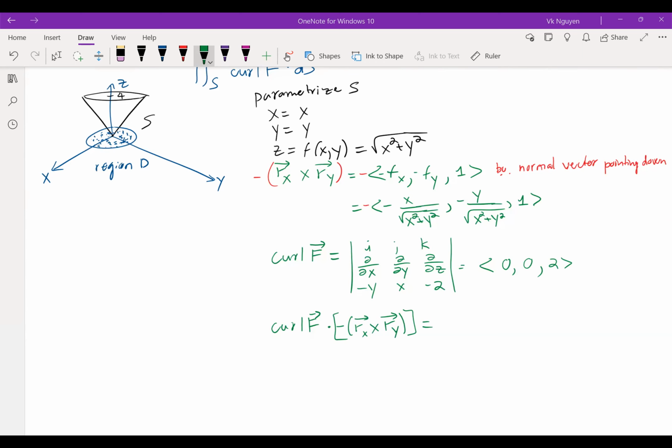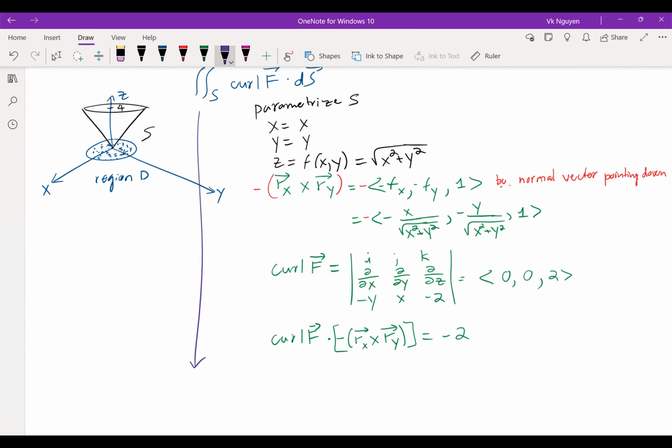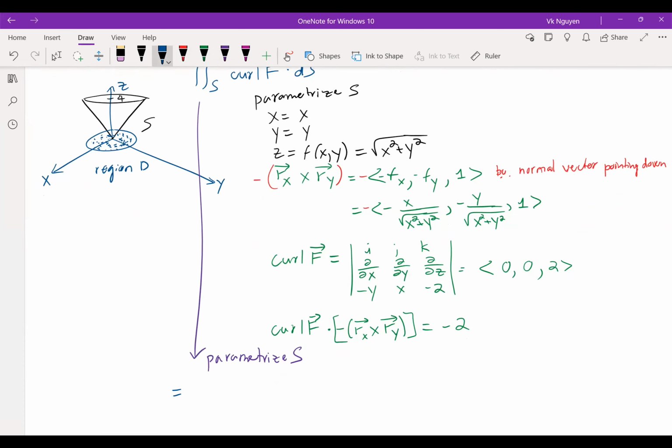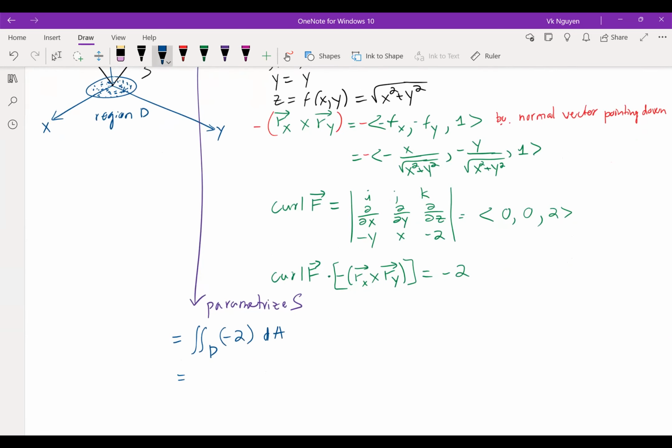Right? Parameterize S. Okay. So there's the double integral over the region D of minus 2 dA. Minus 2 double integral over the region D dA.